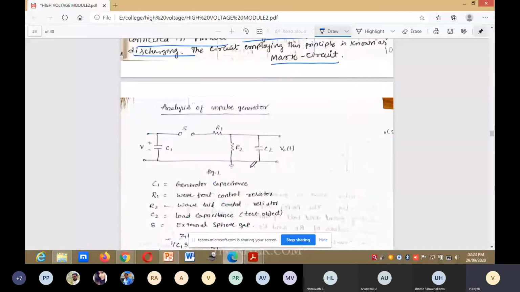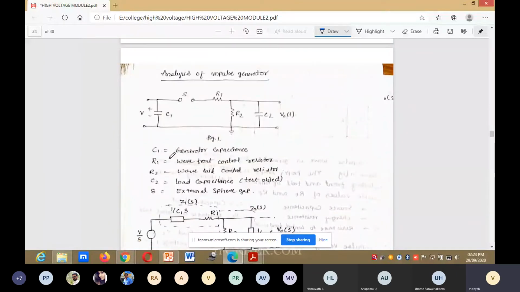Next, analysis of the impulse generator. This is the diagram I used for the single stage impulse generator. C1 is the generator capacitance, R1 is the wavefront control resistor, R2 is the wave tail control resistor, C2 is the load capacitance, and S is the external spark gap.